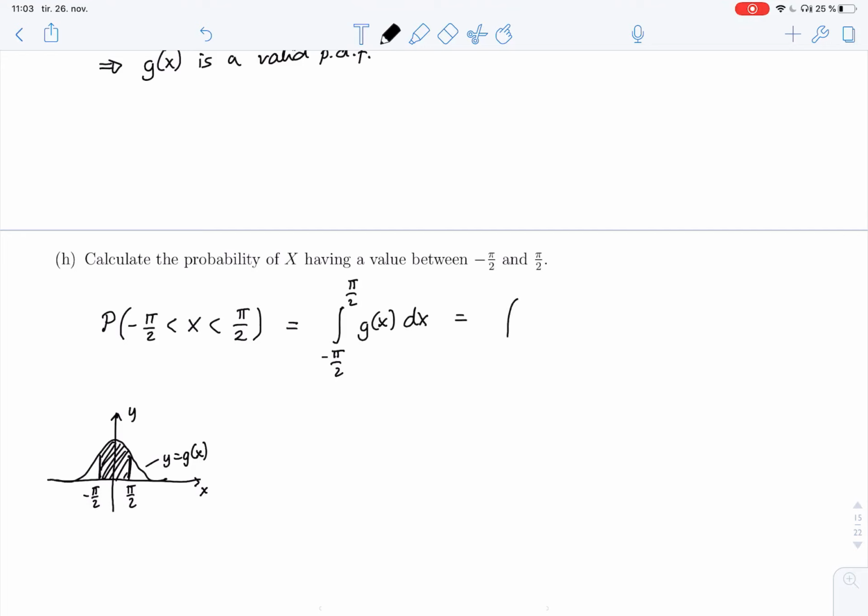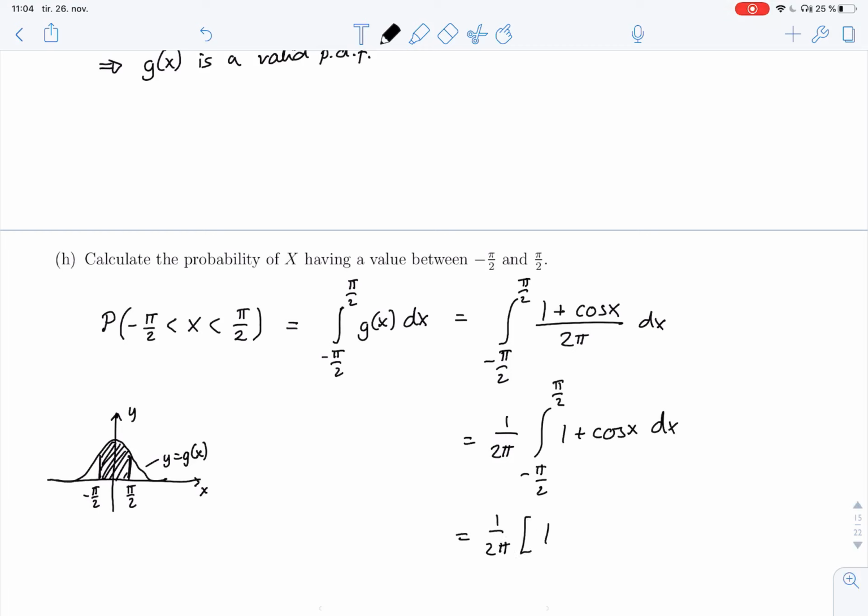So that would be if we insert our function in that area. I'll put the constant in front again, and we'll find the integral. You can use the formula sheet if you don't remember.